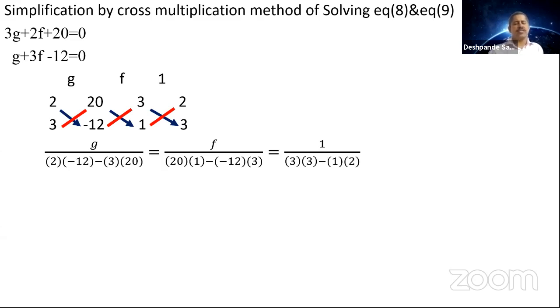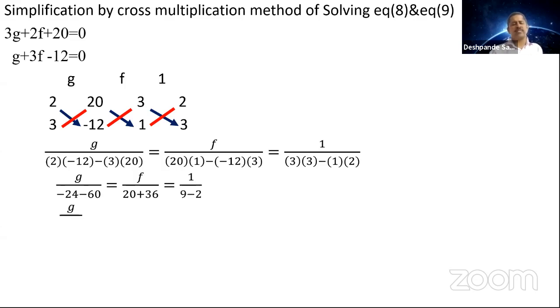So what you get is g divided by minus 24 minus 60, f divided by 20 plus 36, 1 divided by 9 minus 2.